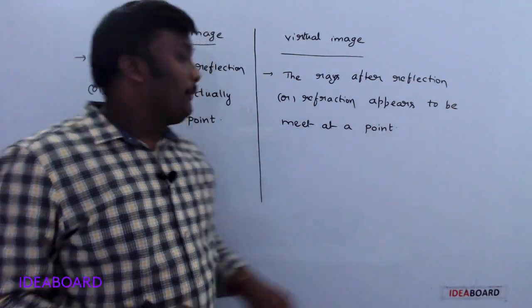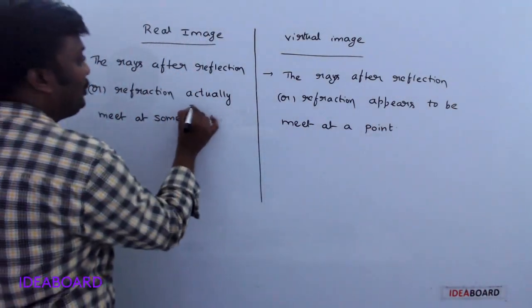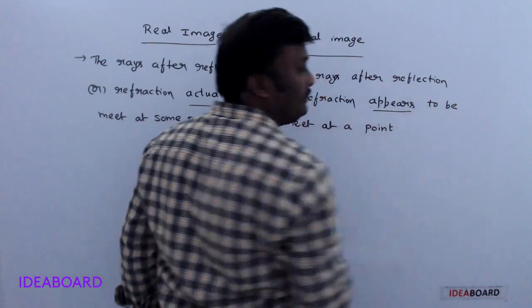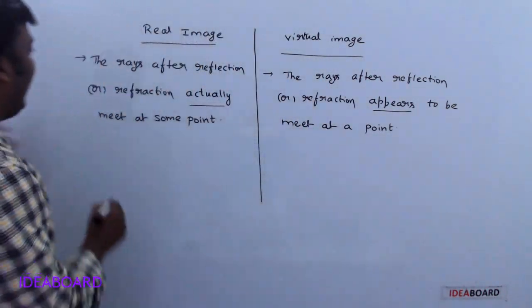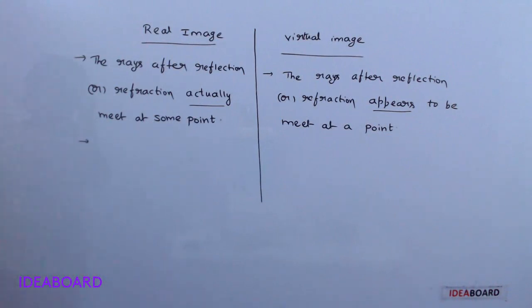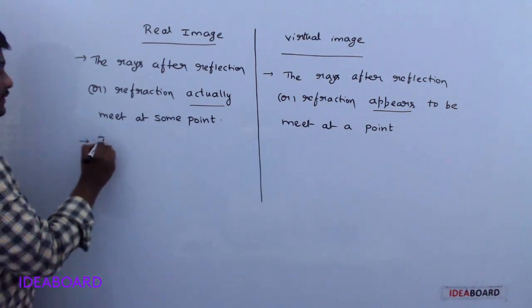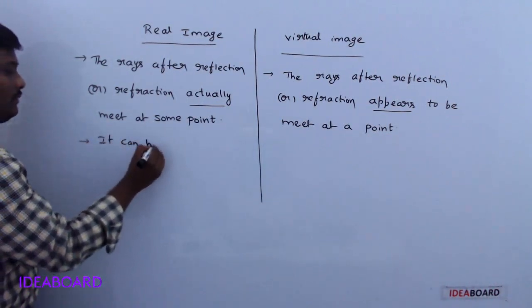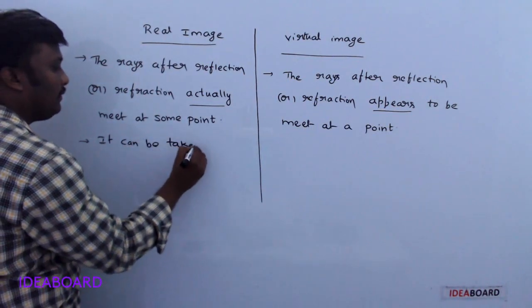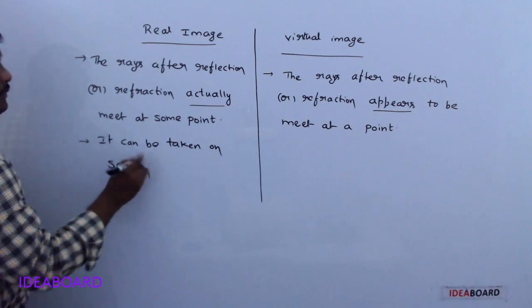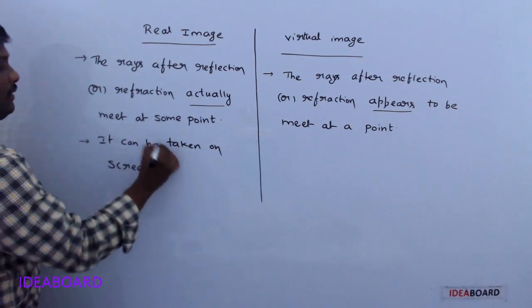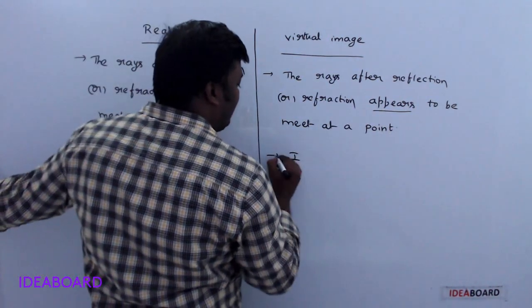They appear to meet at a point, but here they actually meet at a point. Do you understand? That is a major difference between these two. And the second point, a real image can be taken on screen. A virtual image cannot be taken on screen.